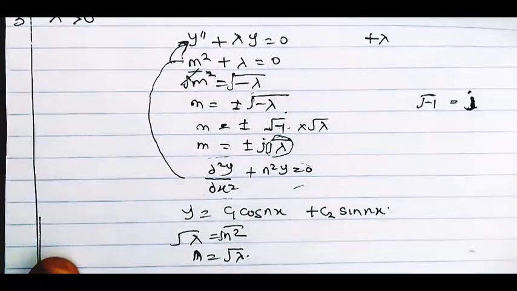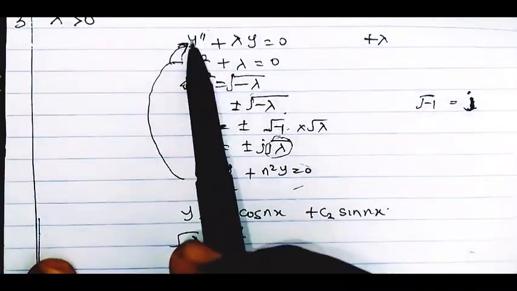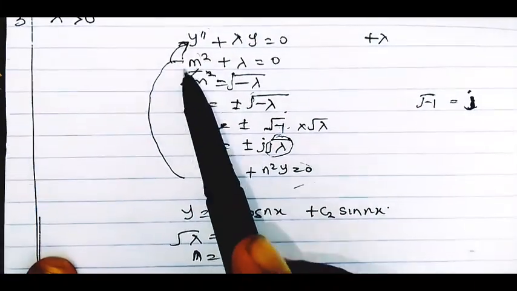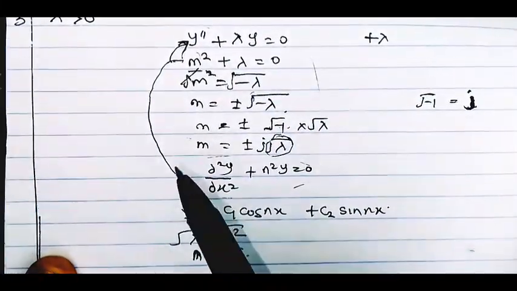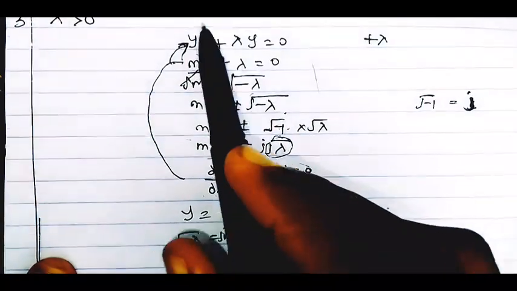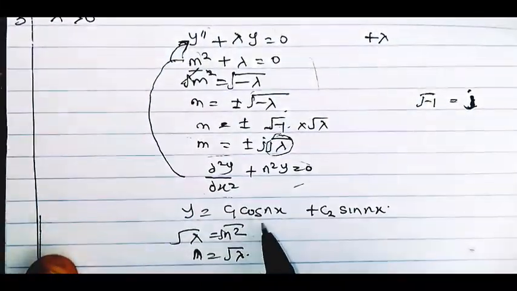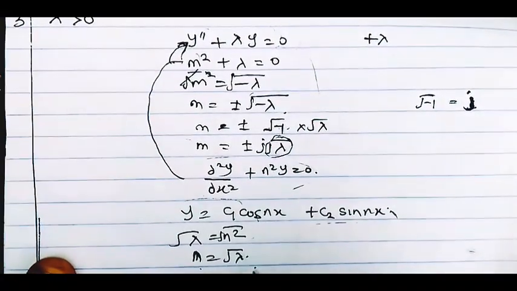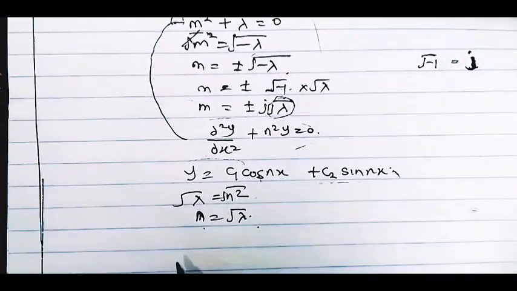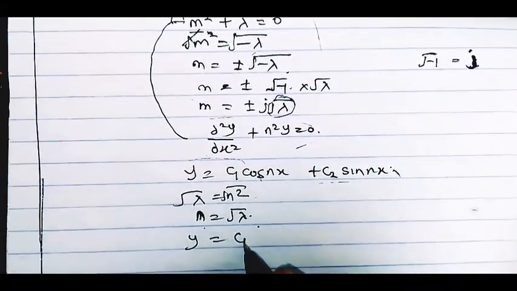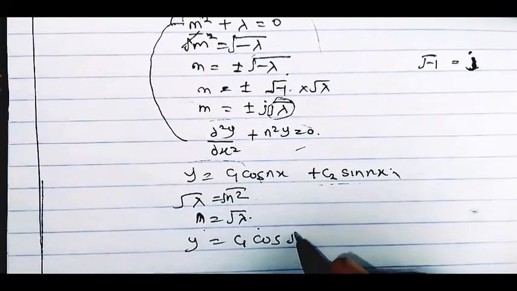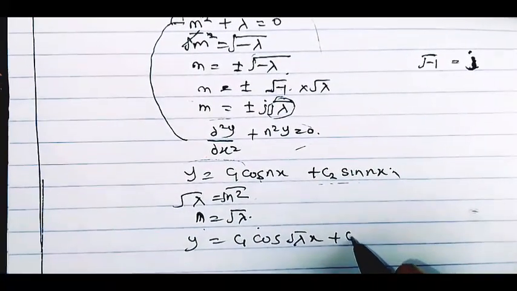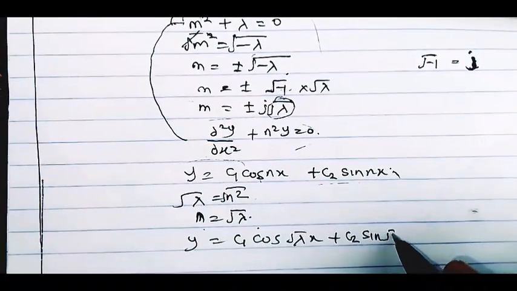We actually went through all this stress, but the general solution for this form of second order differential equation is this. Comparing this to this, my n is root lambda, right? So substituting it back into my equation, y is equal to c1 cos square root lambda x plus c2 sin root lambda x.